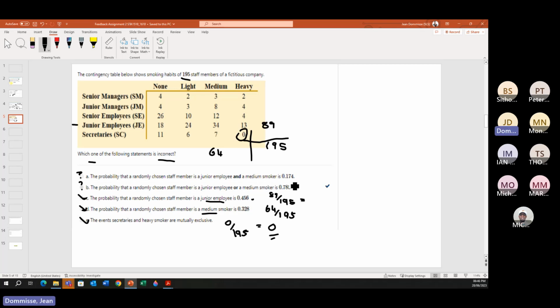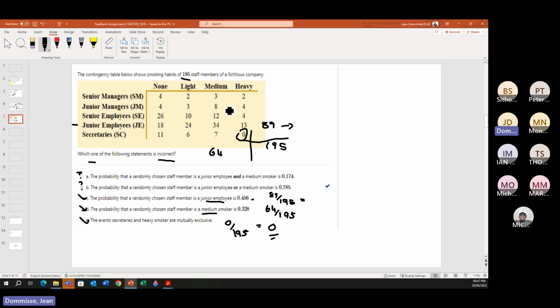Oh, okay, so it's interesting. The probability that a randomly chosen staff member is a junior and a medium smoker.